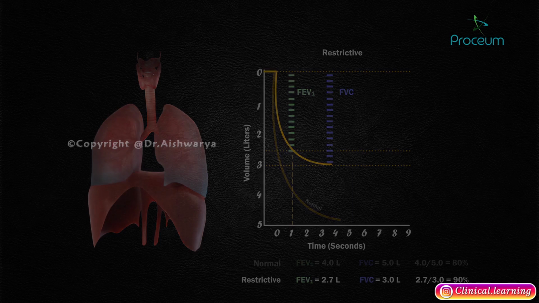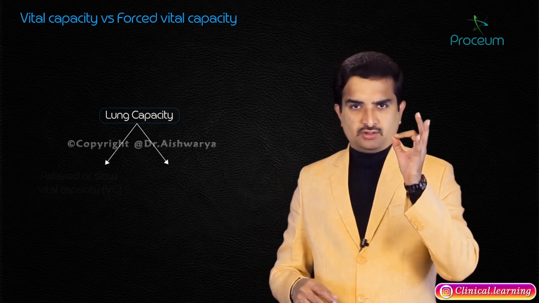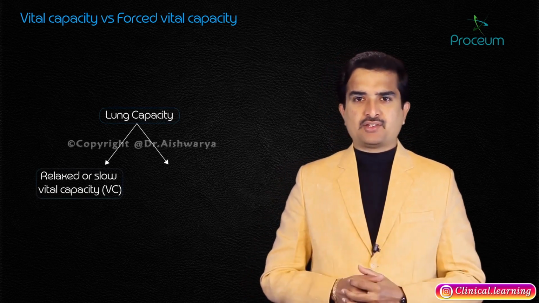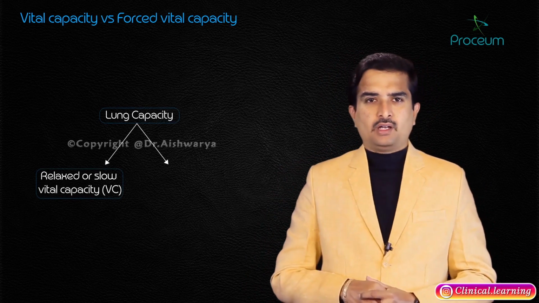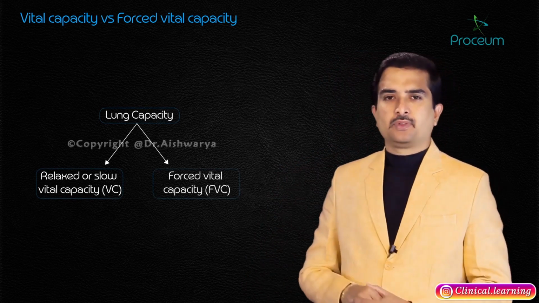Now let us talk about the difference between the vital capacity and the forced vital capacity. Two types of blows are done during spirometry. First is the relaxed or slow vital capacity, that is VC, and second is the forced vital capacity, which is FVC.